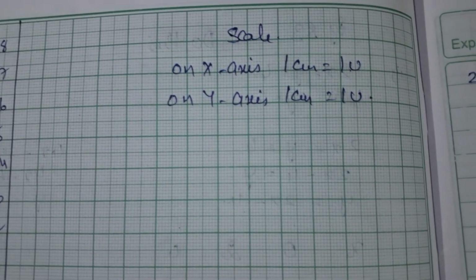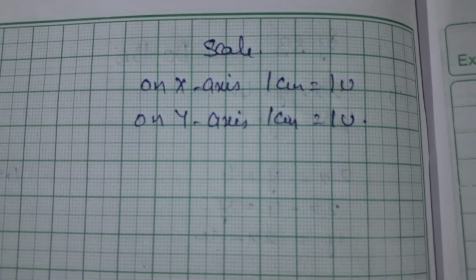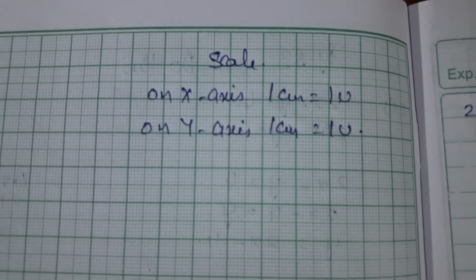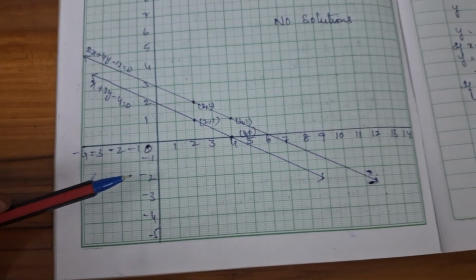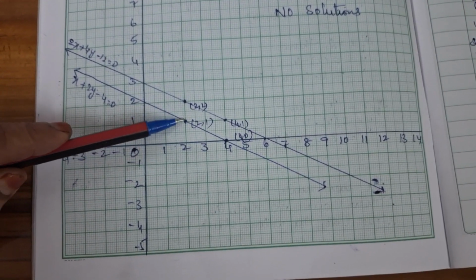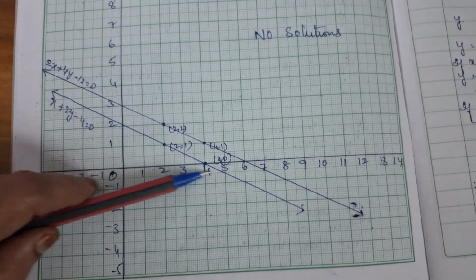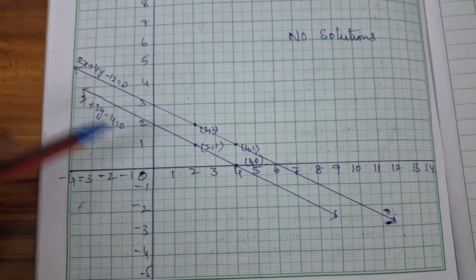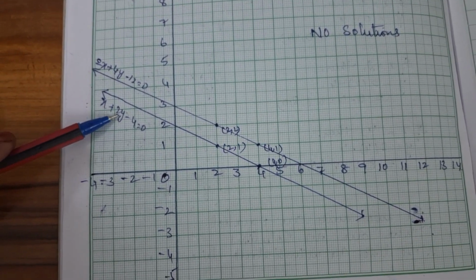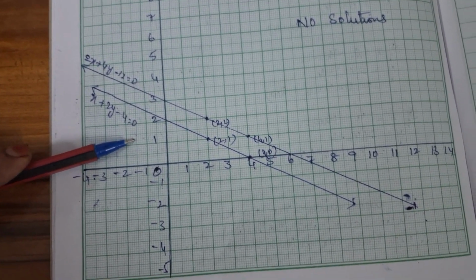So the scale is on the x-axis 1 centimeter is 1 unit, and on the y-axis 1 centimeter is 1 unit. So the graphs, if you see, 2 comma 1, 2 and 1, and 4 comma 0. So this is the line that I have got for the equation x plus 2y minus 4 is equal to 0.